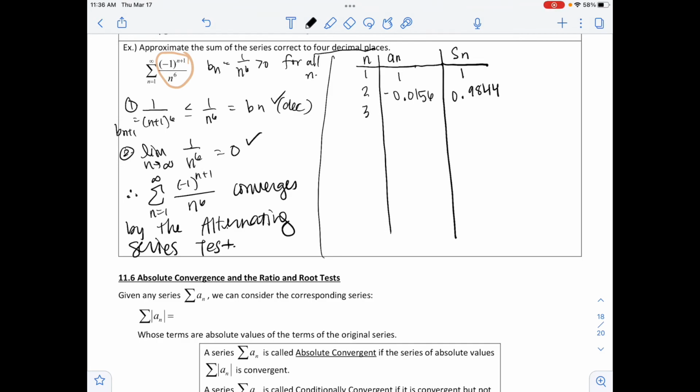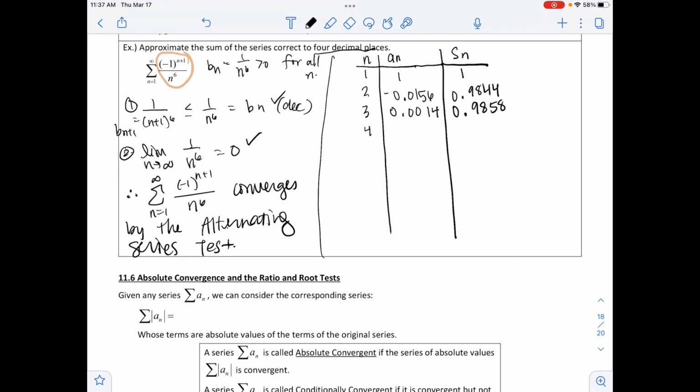The third term, if you substitute in 3, is 0.0014, and again, your sum of those first 3 terms, adding that up, is 0.9858. And so far this is correct only to 2 decimal places. You'll notice that it's not moving. The 0.98 is the same, but the third decimal place is changing. So I need to go ahead and do 4.